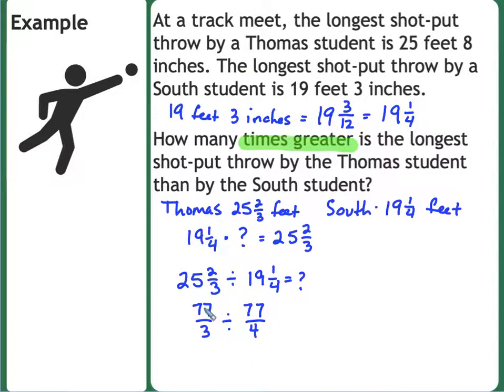All right, so 77/3 divided by 77/4 is equal to 77/3 keep, change, flip to the reciprocal. I like that a lot because we have 77s that simplify, and we have 1 times 4 is 4, and 3 times 1 is 3, which is 1 and 1/3.